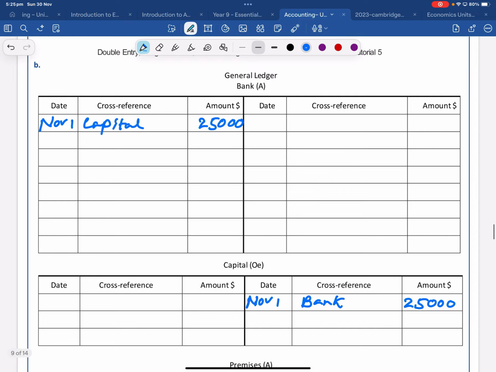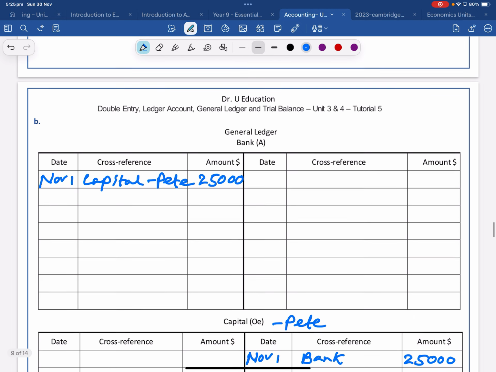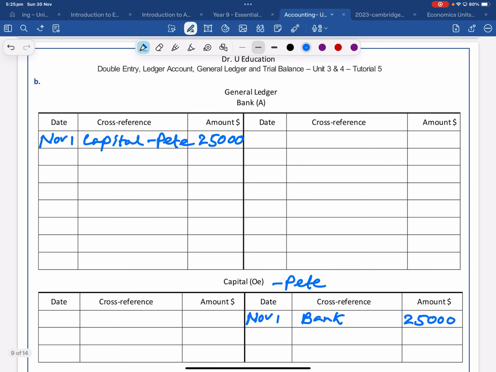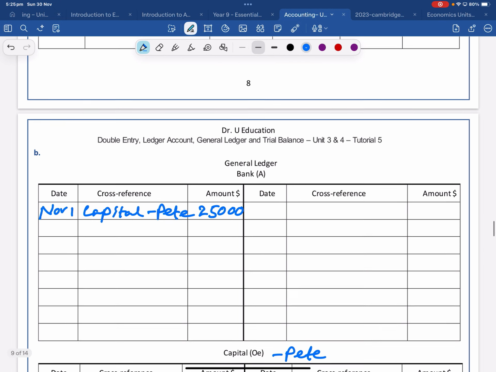Yes, if it was given as capital, you can write here P. If the name is given for anything, we have to write the name.